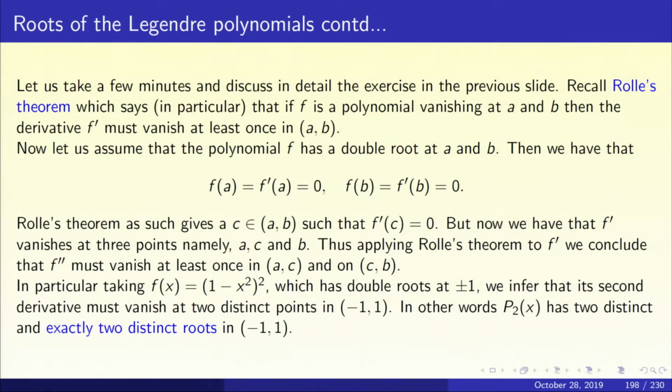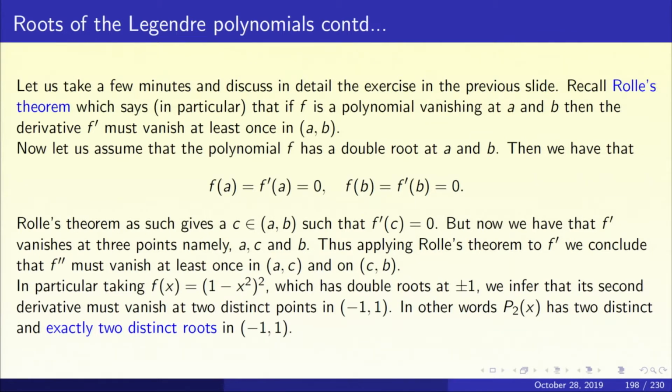So, we can apply Rolle's theorem to f', and we conclude that f'' must have at least one root in the open interval (a, c) and one root in the open interval (c, b). So, we now know that f'' has 2 distinct roots in the open interval (a, b), because these intervals (a, c) and (c, b) are disjoint, and on each one of them f'' has a root. So, f'' has at least 2 distinct roots in the open interval (a, b).